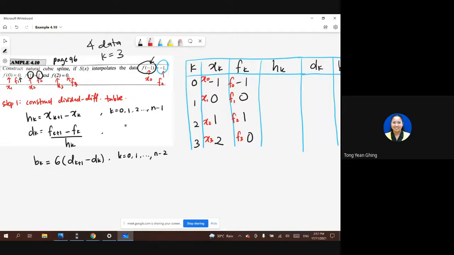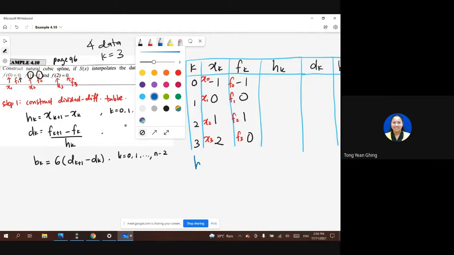So now I want to find. Wait, let me get my notes. So if here, I want to find the first one. I find H naught. Okay, start with K equal to 0.